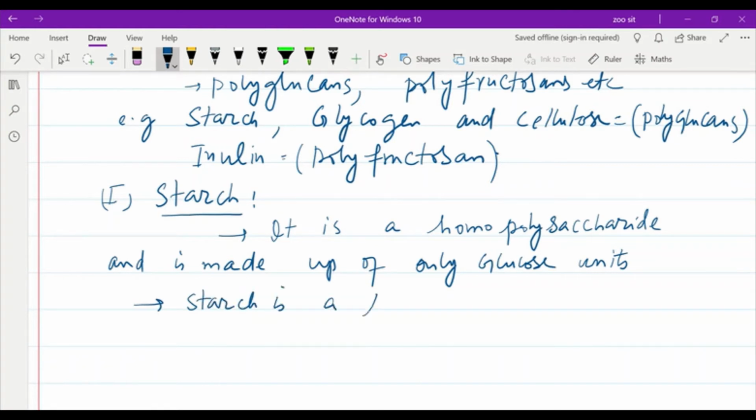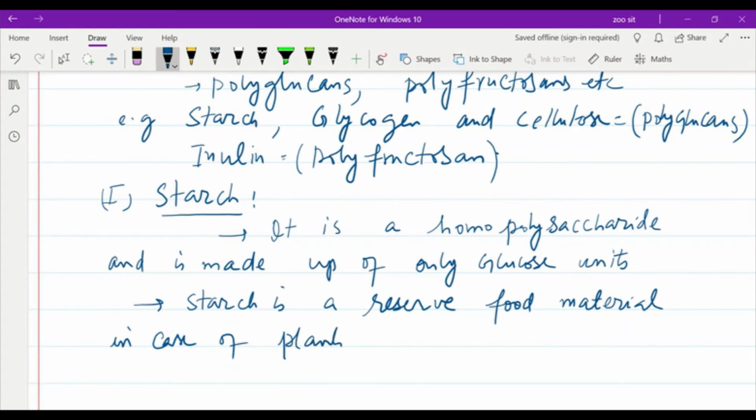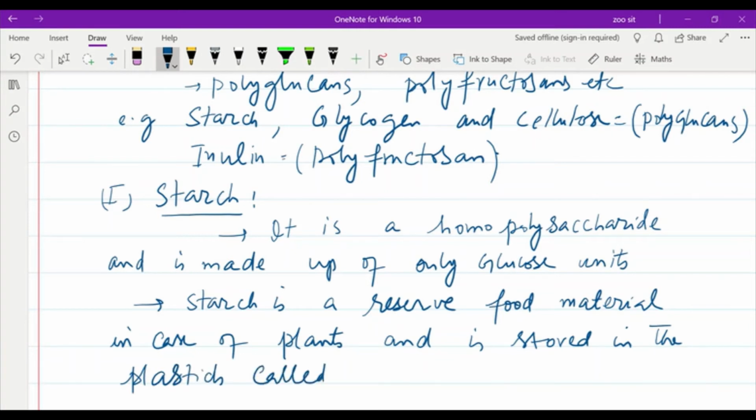It is stored in the plastids called amyloplasts.